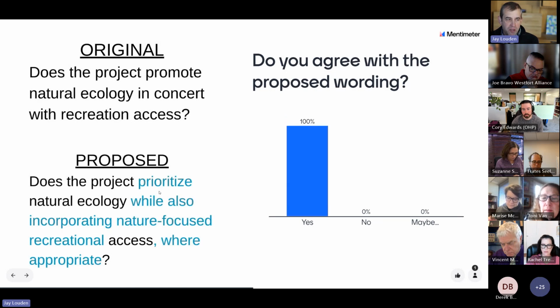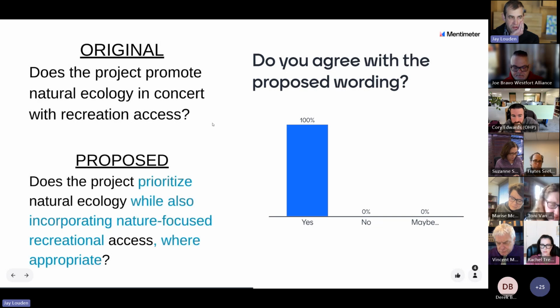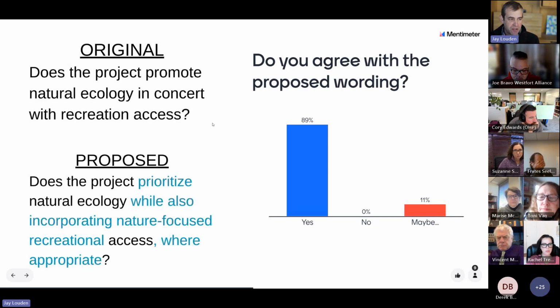This goes back to something we heard quite a bit. People have opinions on the balance of nature and recreation, and that opinion is that we need to prioritize nature. So this is an attempt to keep that balance of ecology and recreation while being a little bit more clear than we were before that natural ecology is the priority there. Maybe anyone want to discuss?